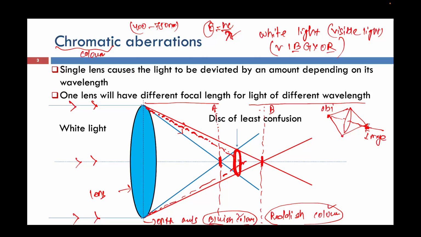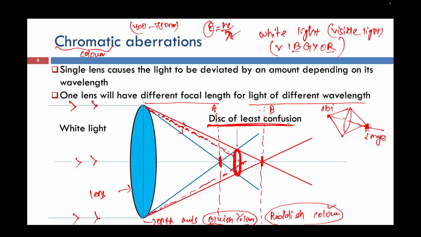I was supposed to get a point, but instead of a point I am getting a disc-like structure, right? And this disc-like structure is known as the disc of least confusion, which we talked about in the last class, but I have not explained it. So this is what is called the disc of least confusion.